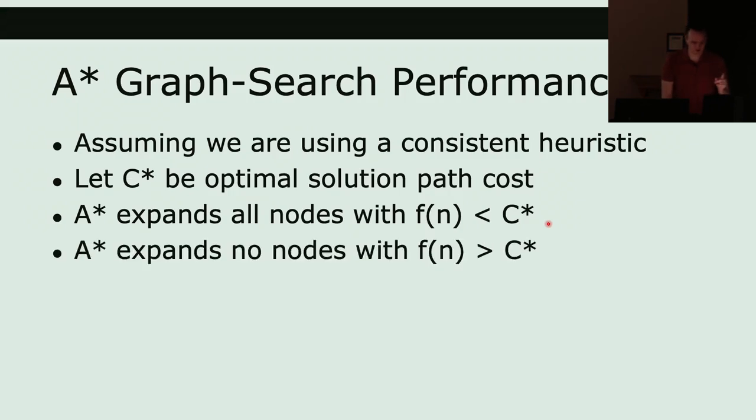But because of that, the next thing that it finds is the optimal path. So it is never going to expand any node that has a suboptimal path. Right? Suboptimal meaning longer than the optimal in this case. So it is never going to expand any node with f of n greater than C-star.